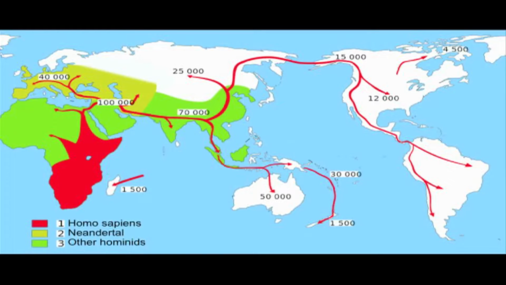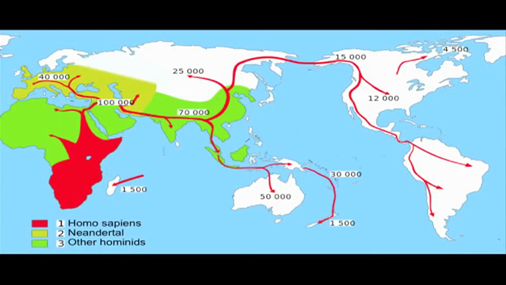It's very clear, modern humans originated in Africa. And maybe 100 or so thousand years ago, there was a spread of modern humans, Homo sapiens, us, out of Africa. These numbers here relate to when it is thought that modern humans first arrived in particular locations.